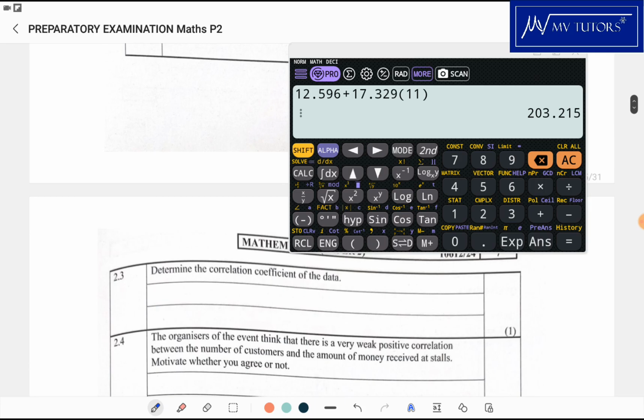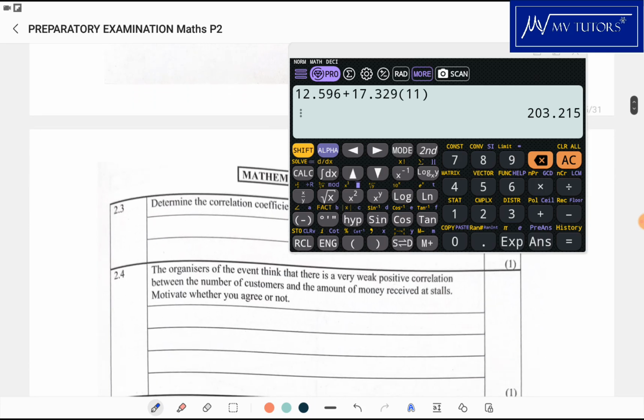Later on, it says the organizers of the event think that there is a very weak positive correlation between the number of customers and the amount of money received at stalls. Motivate whether you agree or not. What tells us if our correlation is weak or strong, whether positive or negative? It is the R value. I hope I can still go back to the stats mode.